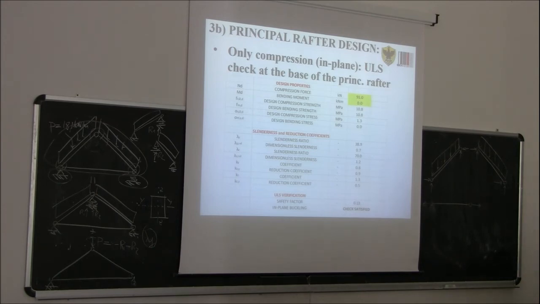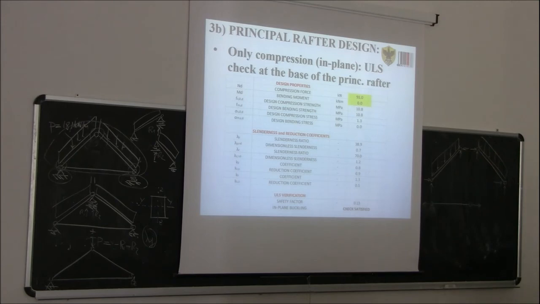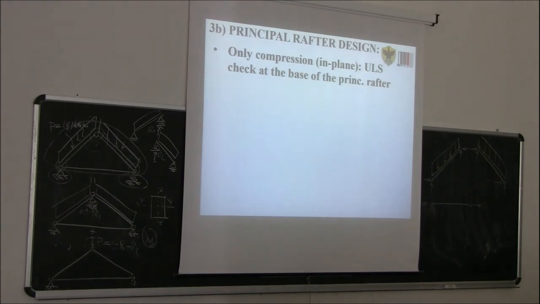Meaning that, strictly speaking, this would be the opposite of the safety factor. We should correct this actually. Because usually the safety factor should be higher than 1. Anyway, this one, 0.13, which is called safety factor here, is nothing more than this ratio here.